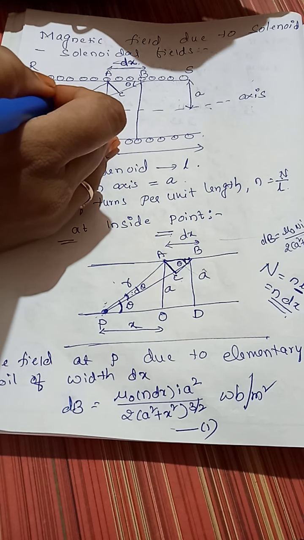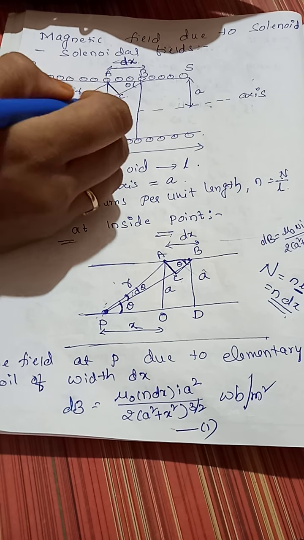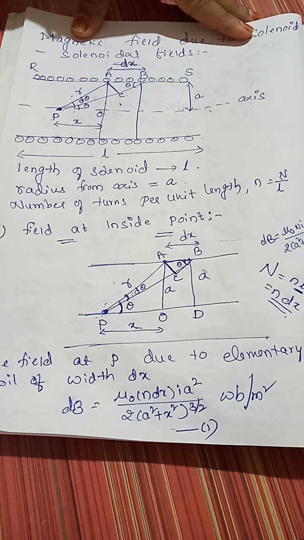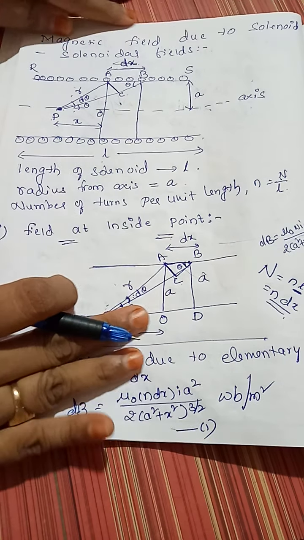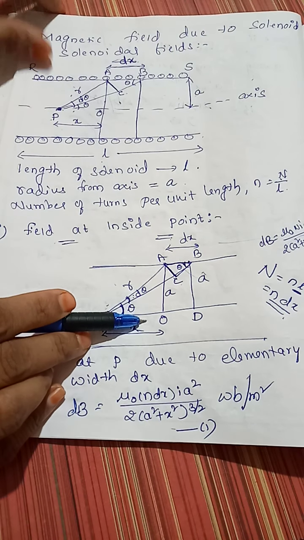Now angle PAC is d theta and angle PAO is theta. So now the same thing we draw separately here for case 1, field at an inside point of the solenoid.